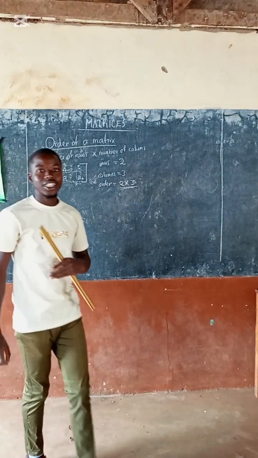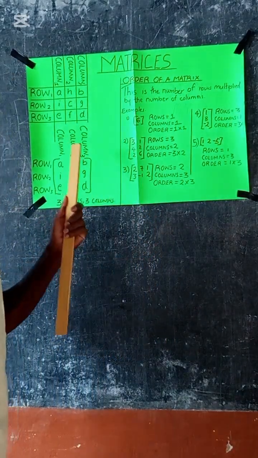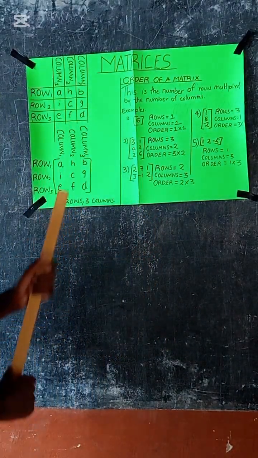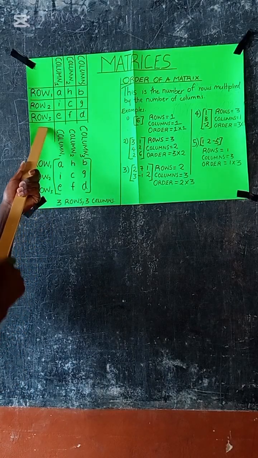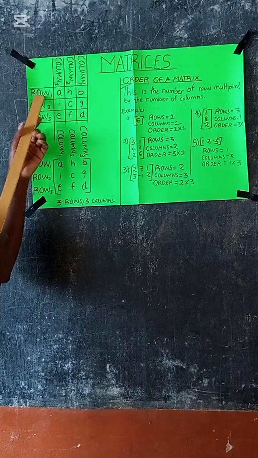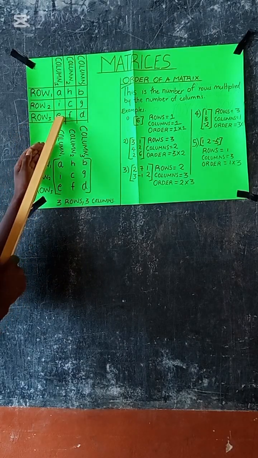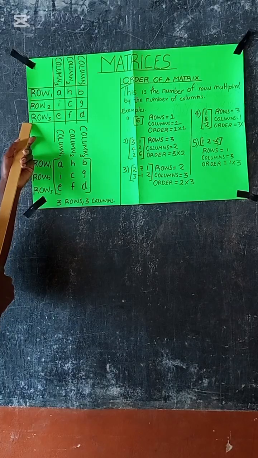Let us look at this chart here for more examples. This chart is showing more about rows and columns. The first table shows the number of rows. For example, A, H, and B form row number 1. I, C, and G form row number 2. E, F, and D form row number 3.